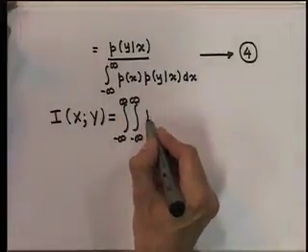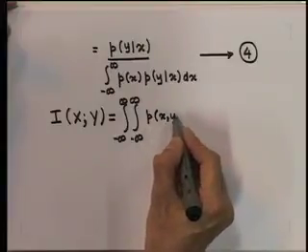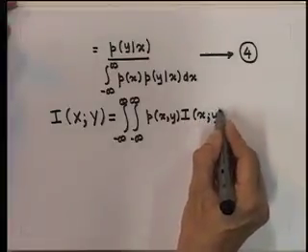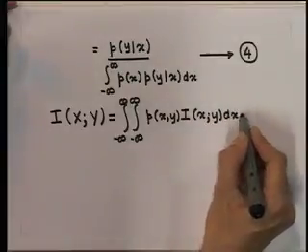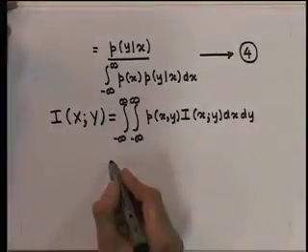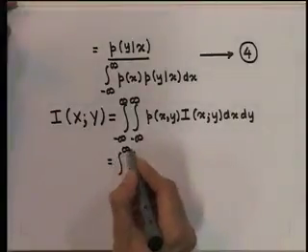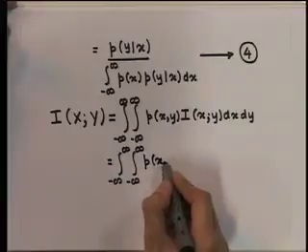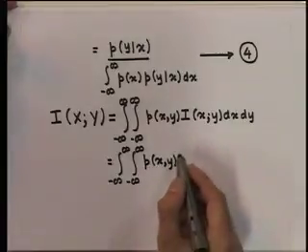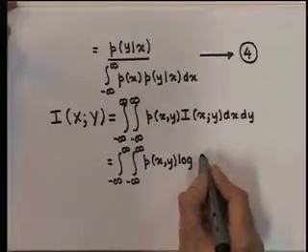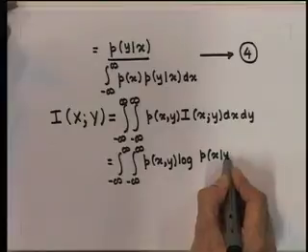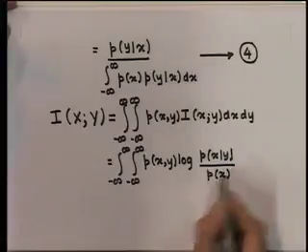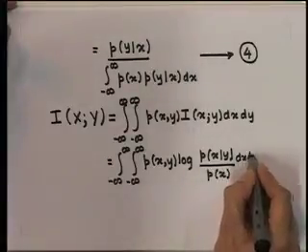I(x;y) is the double integral over x and y of joint PDF P(x,y) log of P(x given y) over P(x), dx dy.